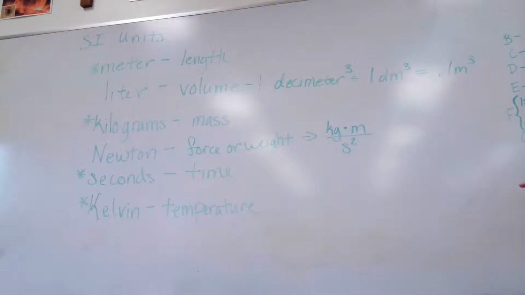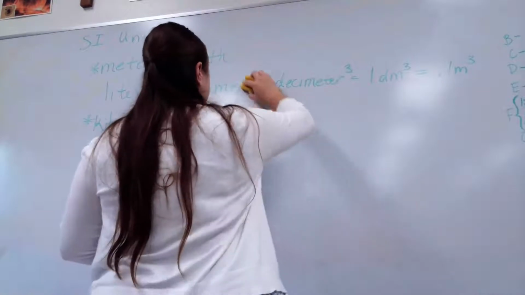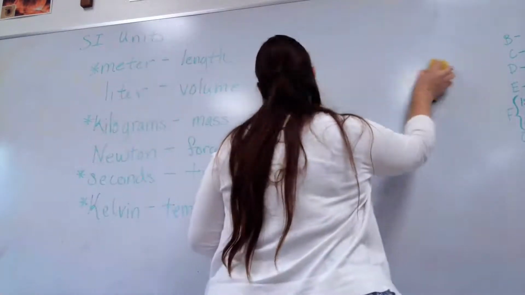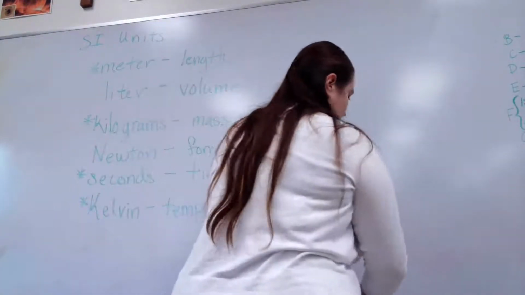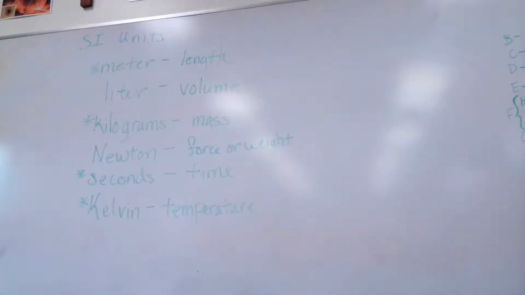Because I think I'm going to have to start erasing stuff. I don't want to erase our units, so I'm going to erase these derived units and what they're equal to, so that we have more room over here. Alrighty. So we've got the meter, the kilogram, seconds, Kelvin, liters, and newtons.